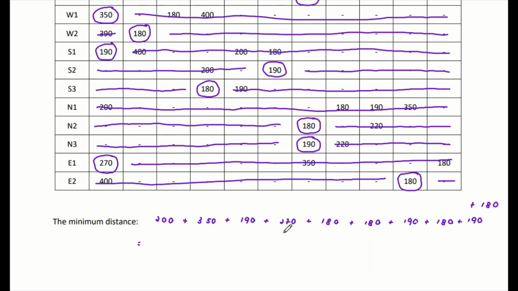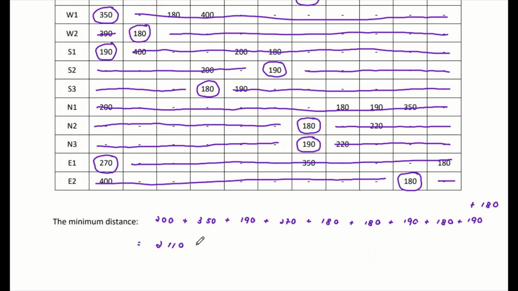So 74, 101, 119, 137, 156, 174. So 174 plus 19 gives 193, and 193 plus 18 gives 211. All right, so this is correct.